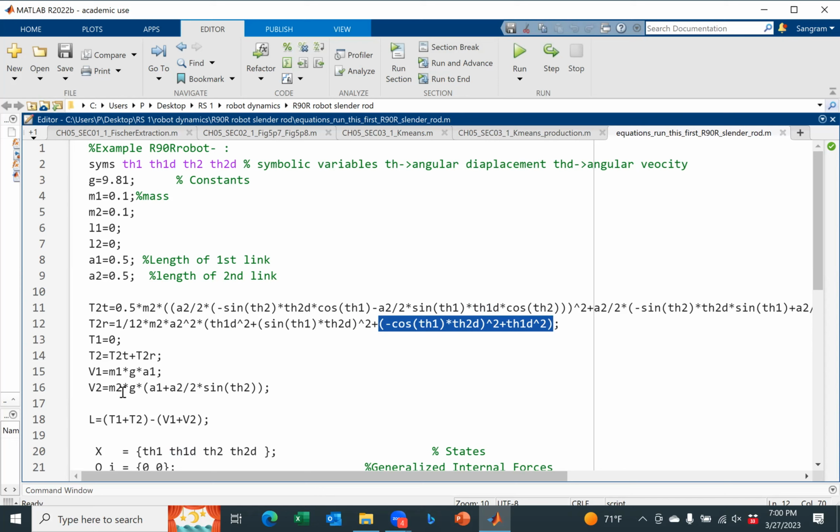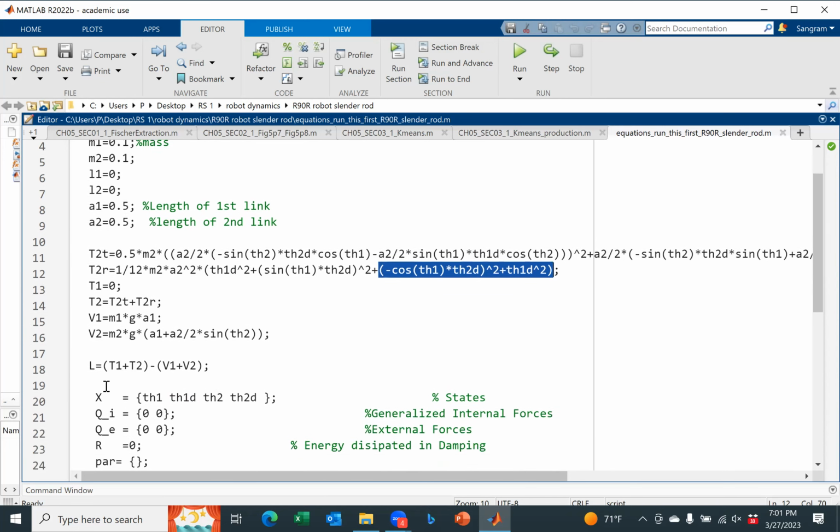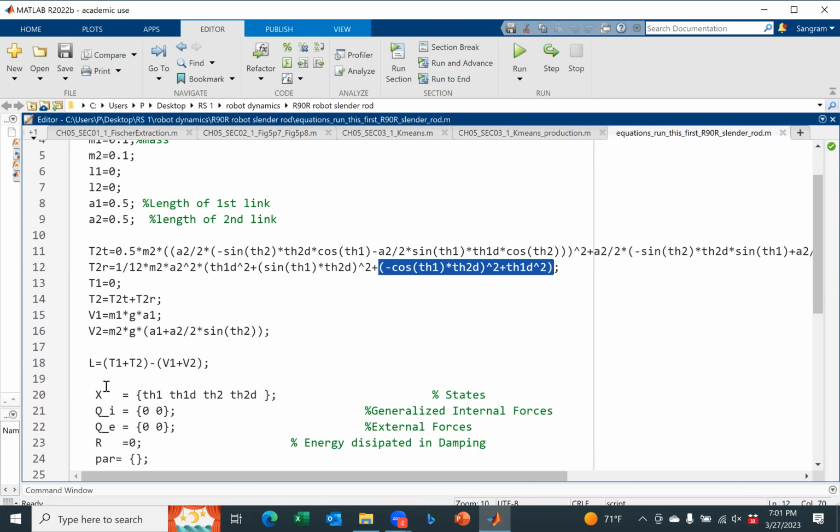Then you have the kinetic energy of translation plus kinetic energy of rotation. You have the potential energy of mass 1. You have the potential energy of mass 2. And then you have the Lagrangian: T1 plus T2 minus V1 plus V2. First kinetic energy, second kinetic energy, minus first potential energy, second potential energy.